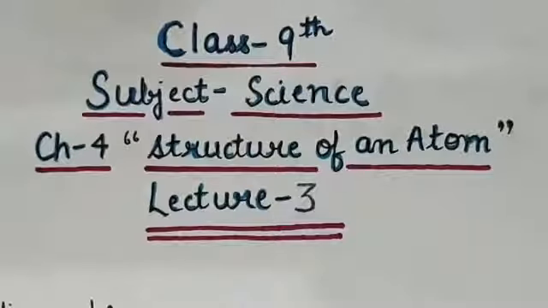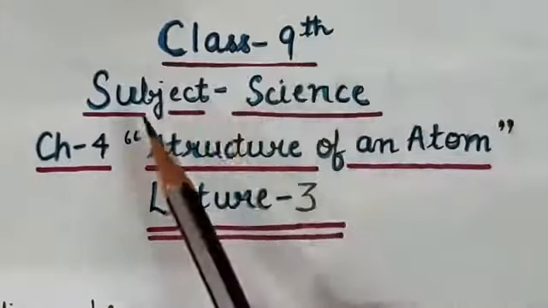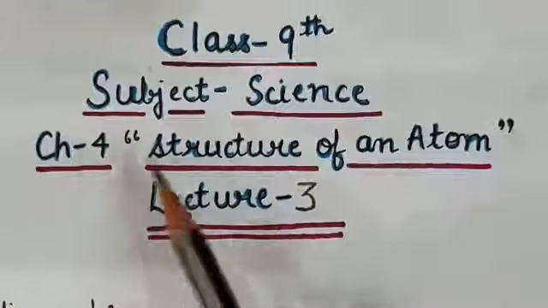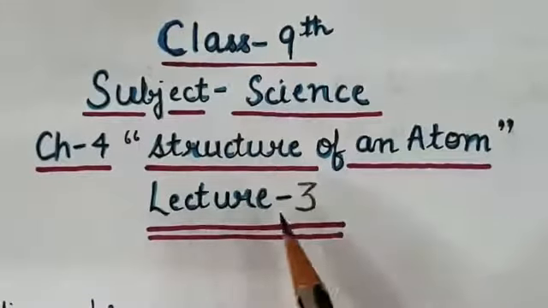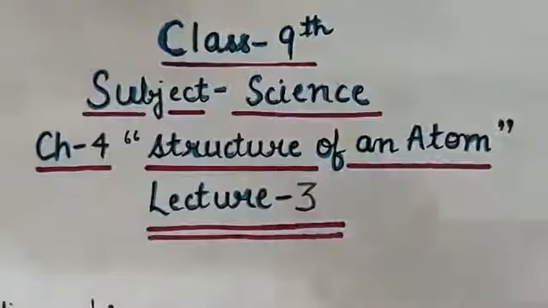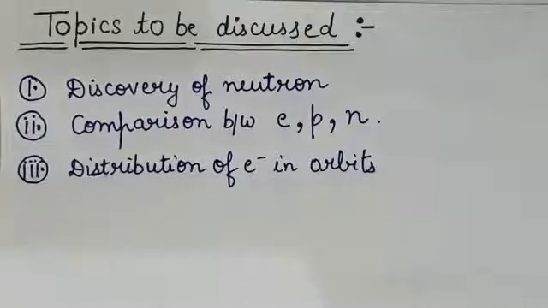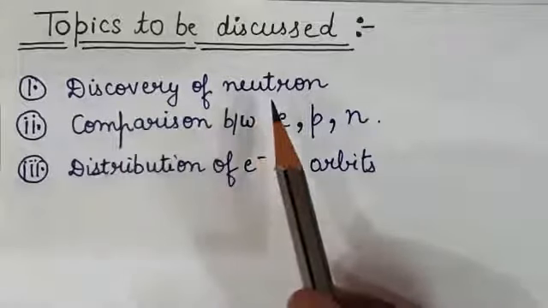So this video is for the students of class 9th, subject science, chapter number 4, that is structure of an atom. This is your lecture number 3. Students, topics to be discussed in this lecture are discovery of neutron.